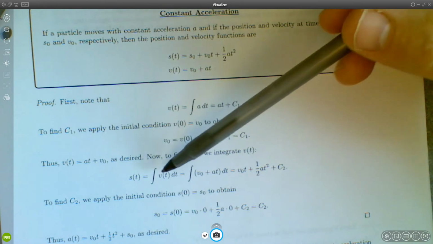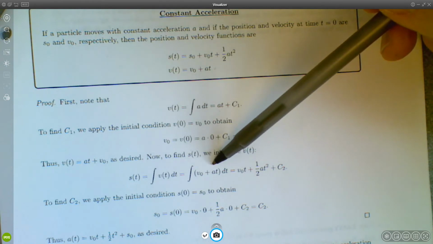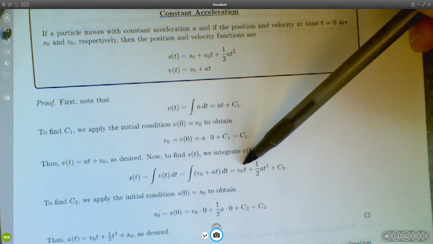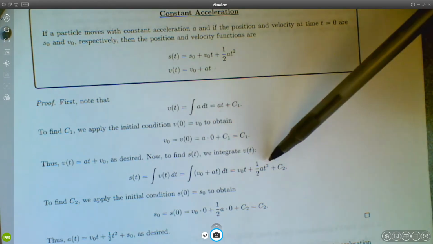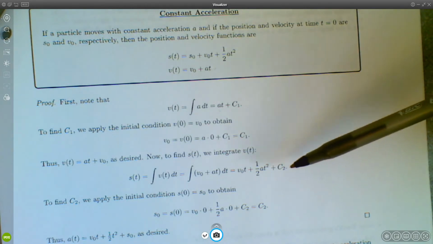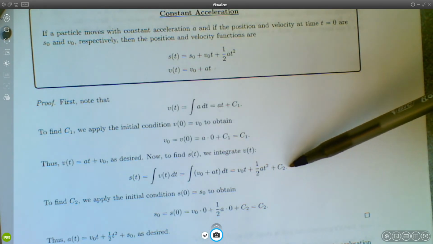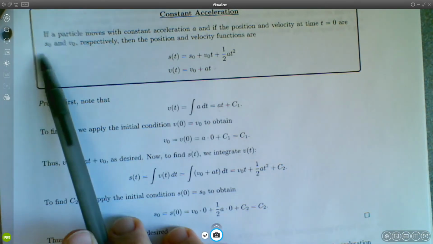The position function is the integral of the velocity. The velocity we just found was v0 plus at. We integrate that, we should get v0 t plus 1/2 at squared, and then plus another constant. To find this second constant, we apply the other initial condition, right? We say, well, at time t equals 0, the position is s naught, right?